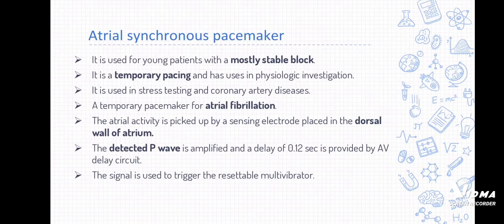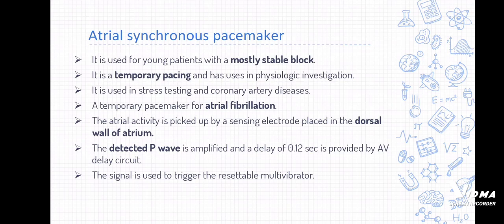Atrial synchronous pacemaker. The P wave is sensed and picked up by the electrode placed on the atrium. It is given to the amplifier circuit. The amplifier circuit is used to amplify the P waveform. A circuit is used to give a delay of 0.12 seconds, and the output of the delay circuit is given to the refractory control and preset multivibrator block.